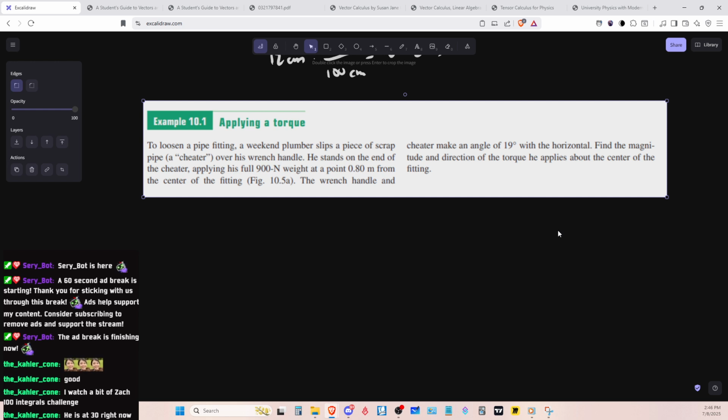The wrench handle and the cheater make an angle of 19 degrees with the horizontal. It doesn't say below the horizontal, so it's over. Find the magnitude and direction of the torque he applies to the center of the fitting.